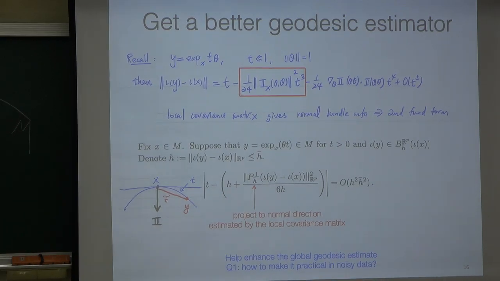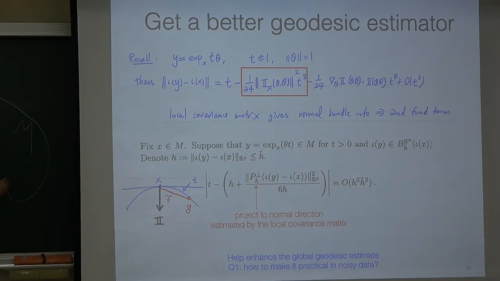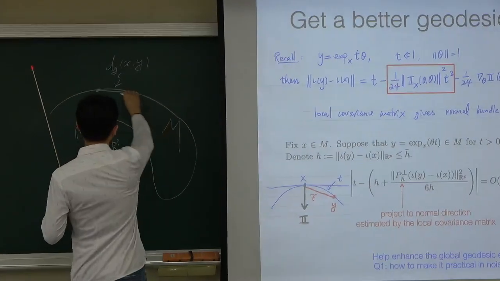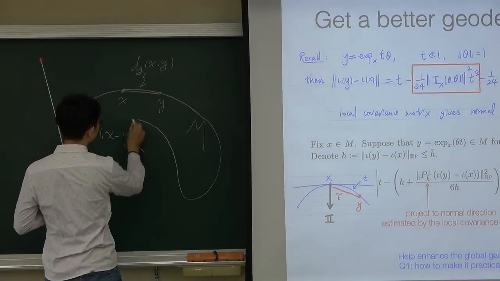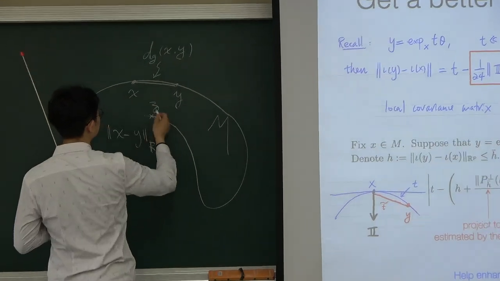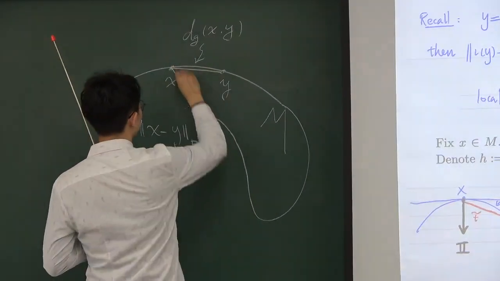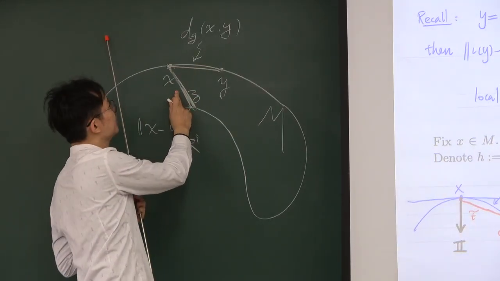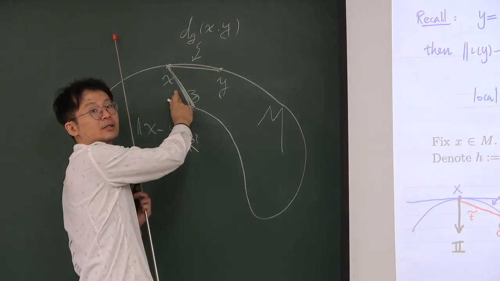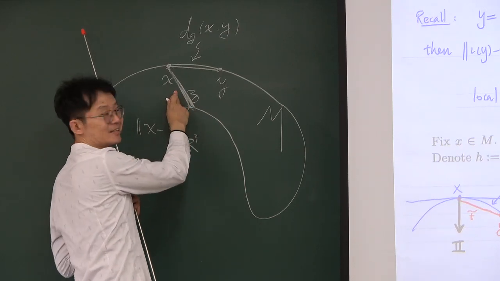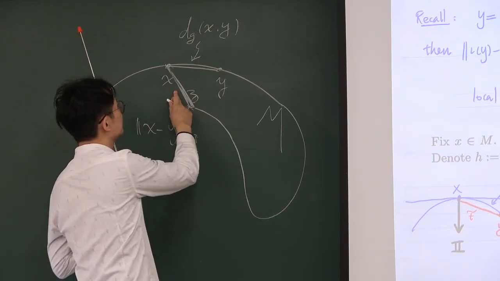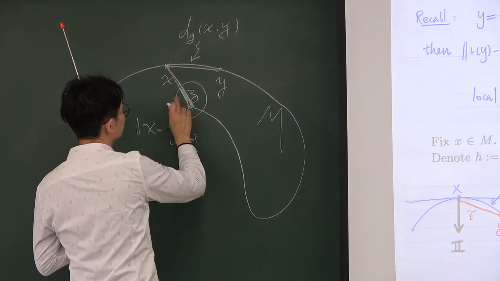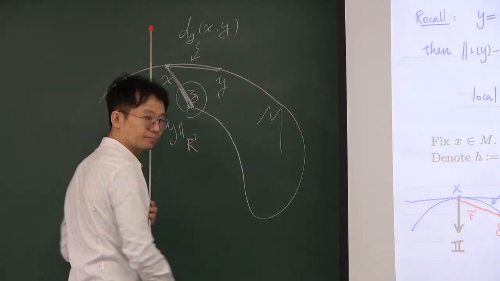Why? Because if the geodesic distance is very long, for example, you have a manifold that will wind back here, then you want to calculate the geodesic distance between x and z, and you use the Euclidean distance, which obviously underestimates the true geodesic distance, isn't it? So this is totally wrong if z is far away from x.